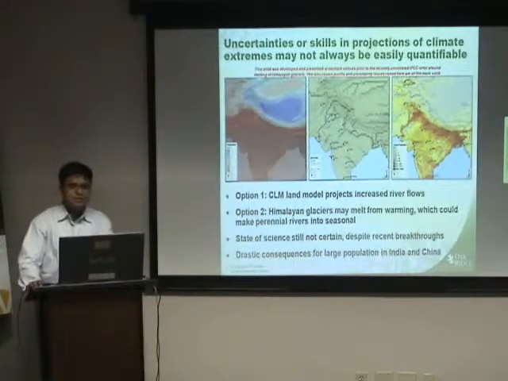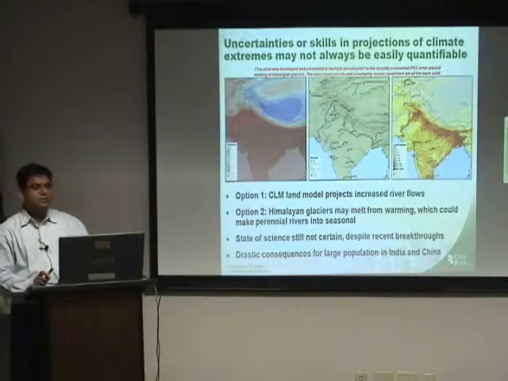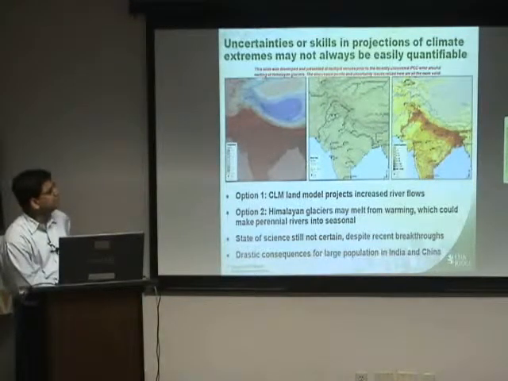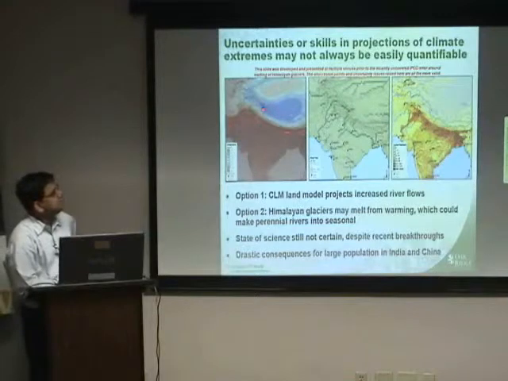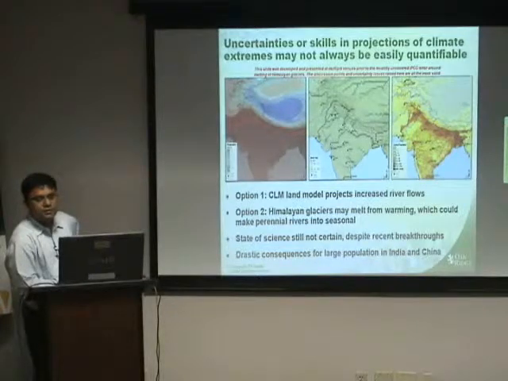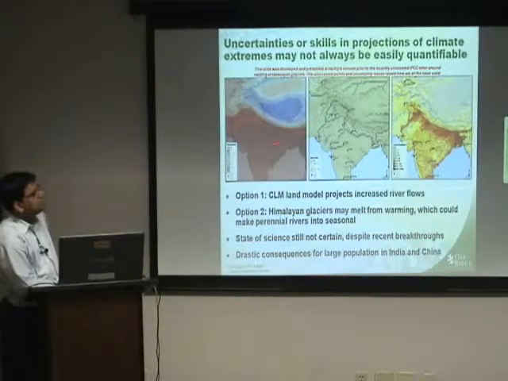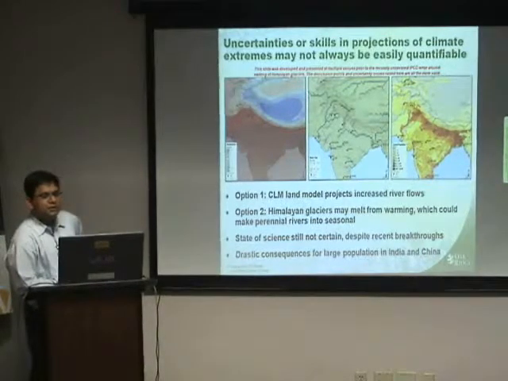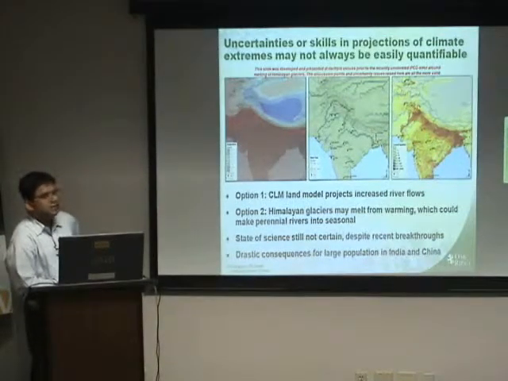Then there are some kinds of uncertainties which are difficult to even quantify with the set of tools that we have right now. So this is the Himalaya region, and we know that that region is getting warmer. However, the current generation of climate models do not have good ways of representing terrestrial glacier melting of land glaciers.